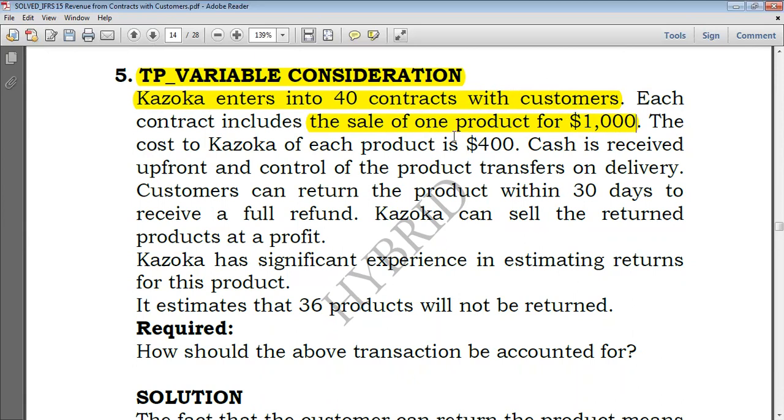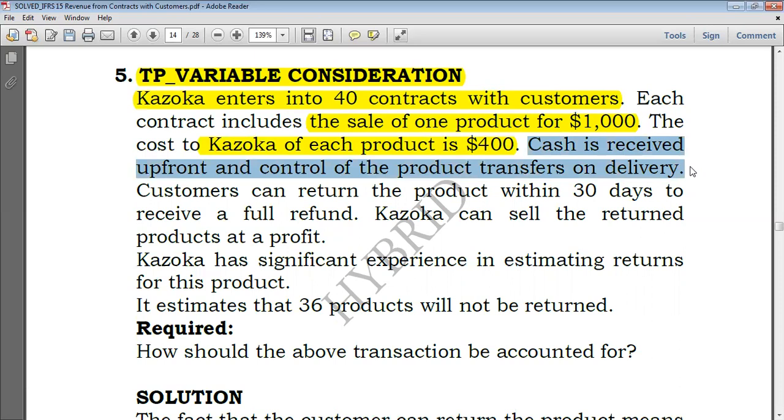So we say the cost to Kazoka of each product is $400. So Kazoka incurs a cost of $400 and ends up selling the product in the contract for $1,000, expecting a profit of $600, right? 1,000 minus 400. And then cash is received up front and control of the product transfers on delivery.